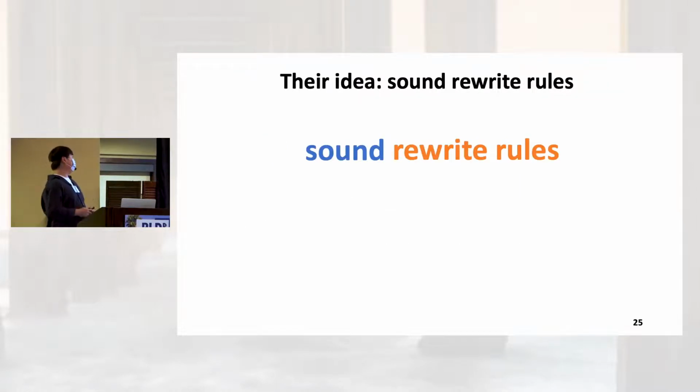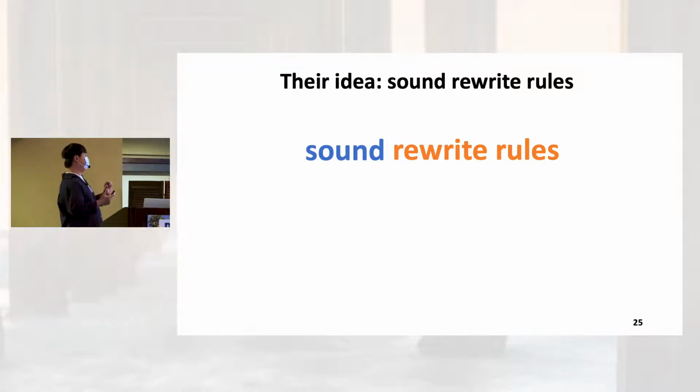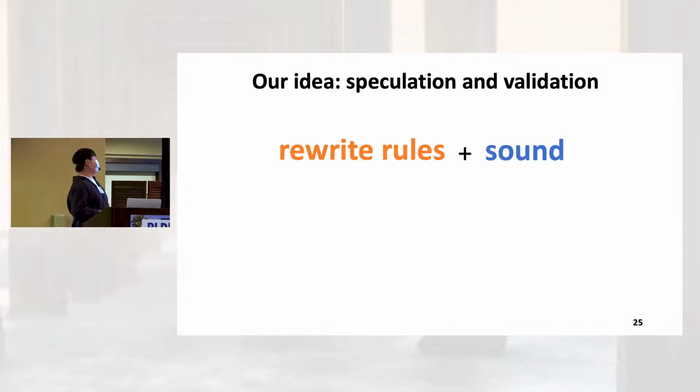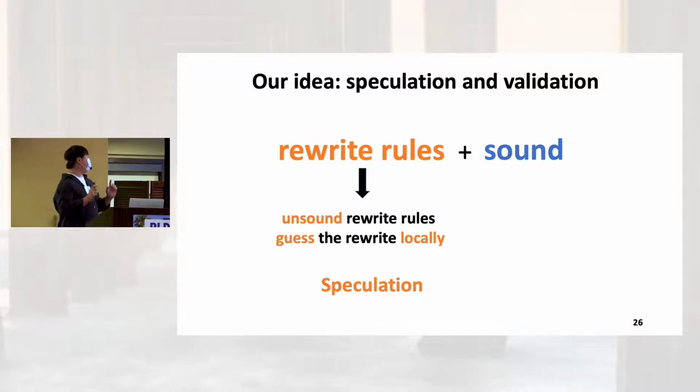So what can we do? The fundamental challenge brought by the previous rewrite system is the sound rewrite rules, which means we need to check a lot of properties. Our idea is to separate this into two phases: rewrite first and validate afterwards. By rewrite here, I mean that we will use unsound rewrite rules in the first place and guess the rewrite locally, which means you don't need to check many properties, but just make guesses.